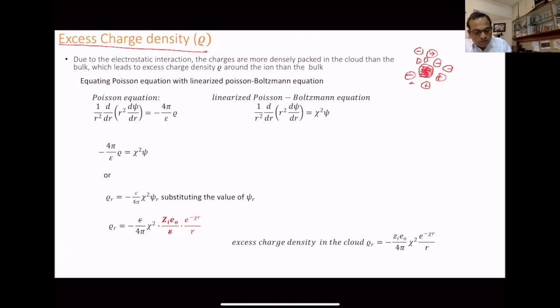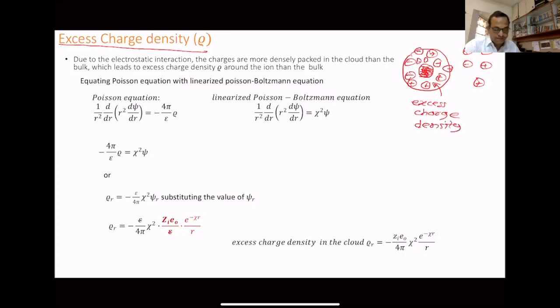So obviously if you see the bulk, the density will be different than that in the cloud. So this is going to be the excess charge density inside the cloud. It's called rho.